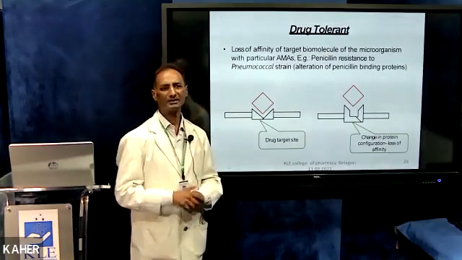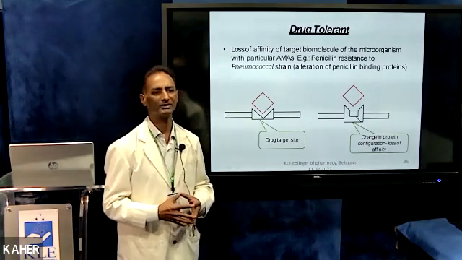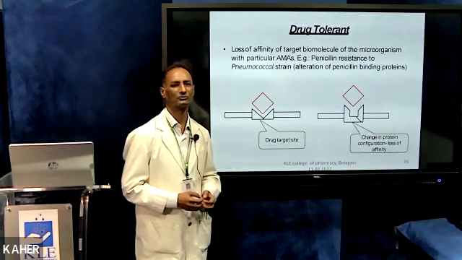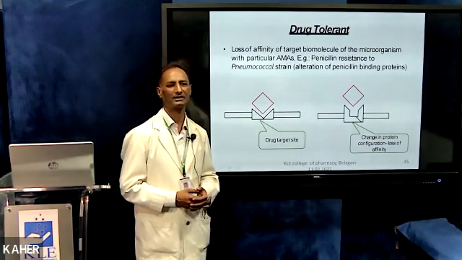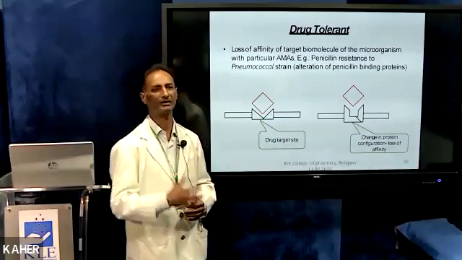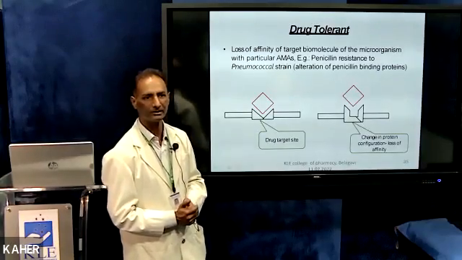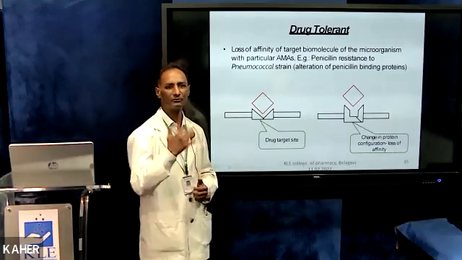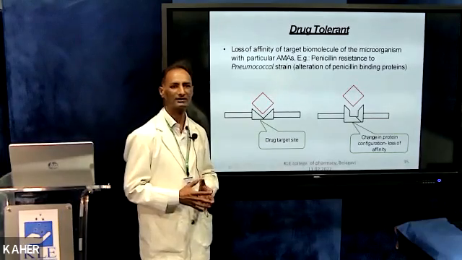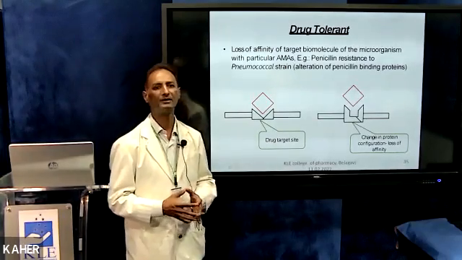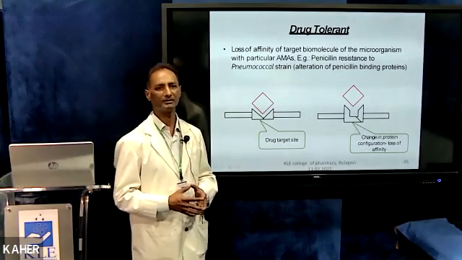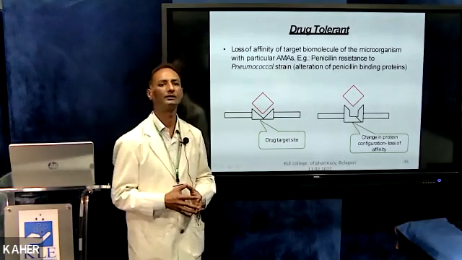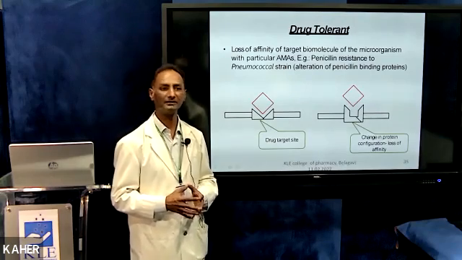After this, drug tolerance is also one of the factors causing inefficiency of the antimicrobial. There is loss of affinity towards the target biomolecules, like penicillins binding to the penicillin binding proteins.